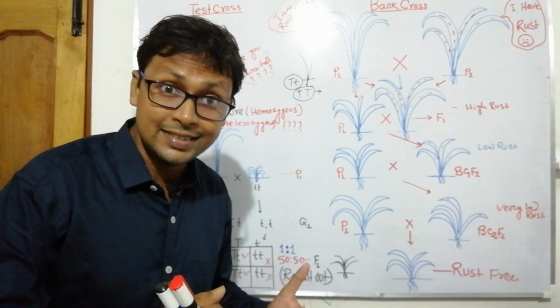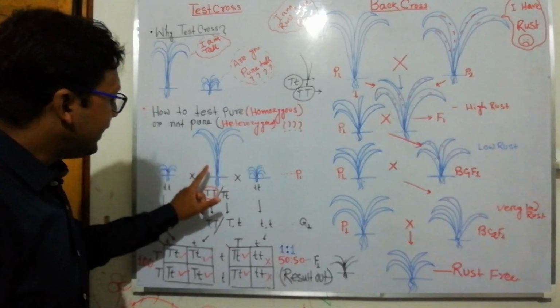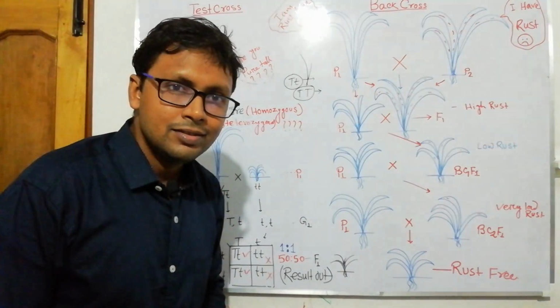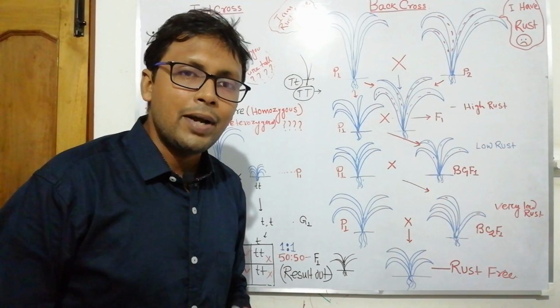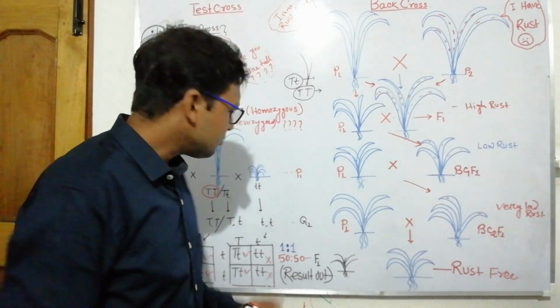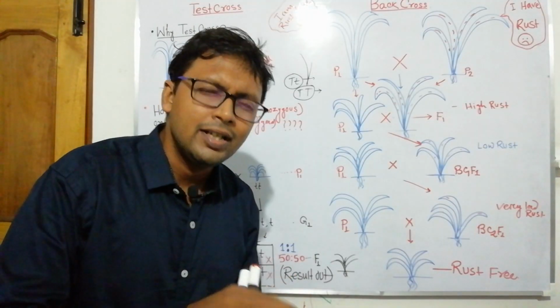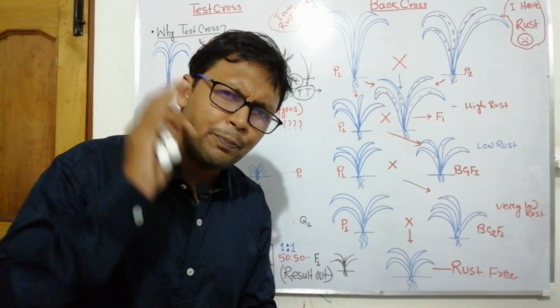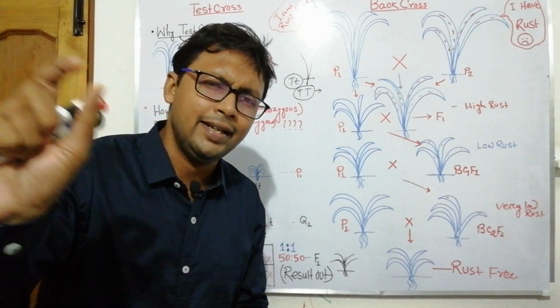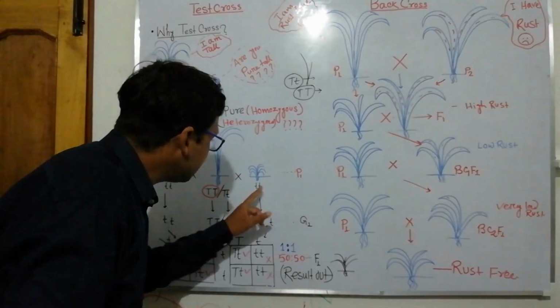So let's test it. First, it is crossed with the homozygous recessive. We know that the short plant is determined by a recessive gene. So when a plant is short, it obviously contains two recessive genes, small t, small t.